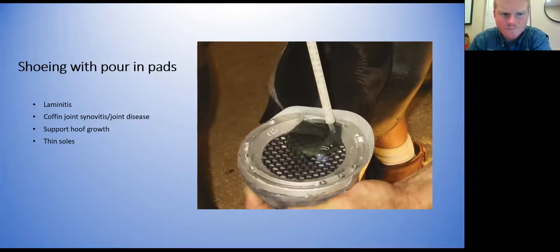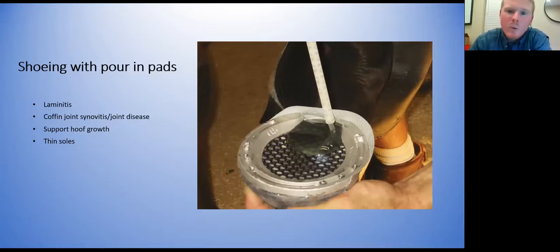And so for me, the other way of thinking and giving their horses better support with their angles, or with their lameness or degeneration of their foot and problems with their feet, such as laminitis or coffin joint issues, is to help support them by shoeing with pour-in pads. And you hear this all the time.